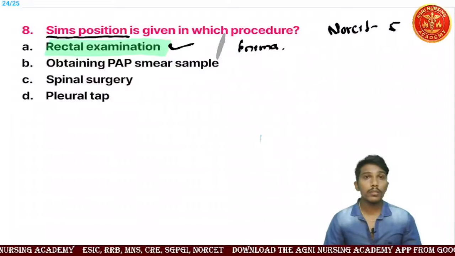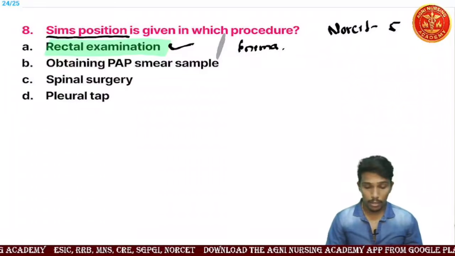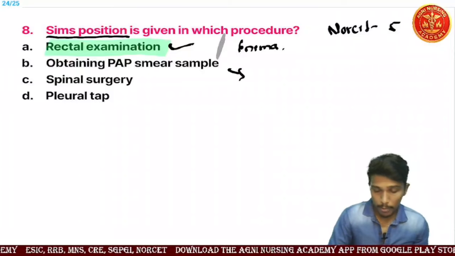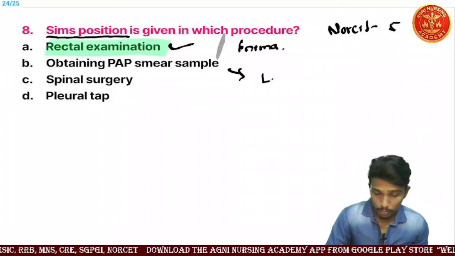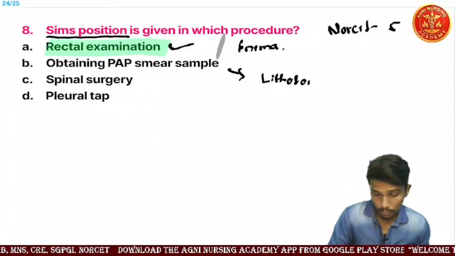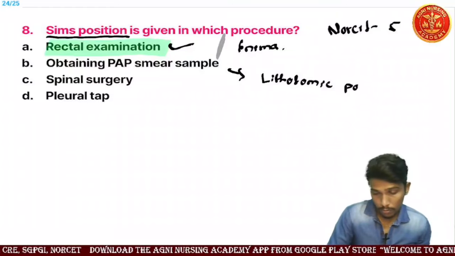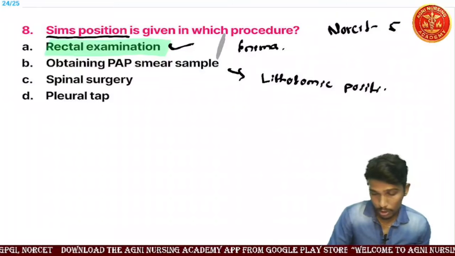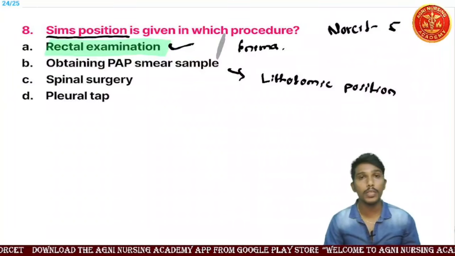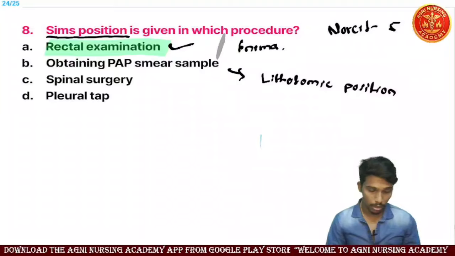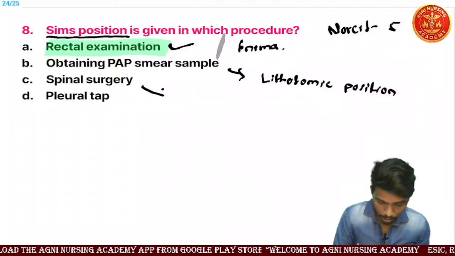Okay, obtaining the pap smear sample. See, for pap smear we have to give the lithotomy position. For vaginal examination also we have to give lithotomy position. And coming to option C, spinal surgery.